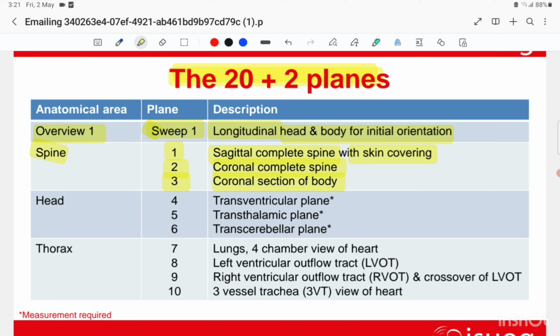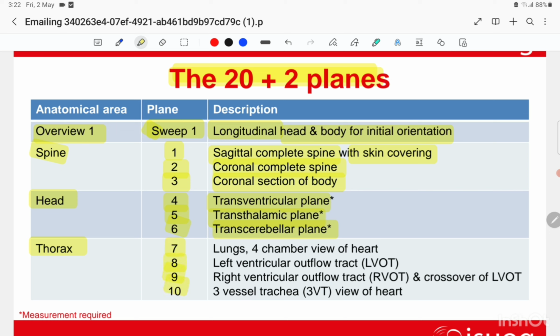Then the second anatomical area is your head. In the head there are again 3 planes, plane 4, plane 5 and plane 6. Plane 4 is called the transventricular plane, plane 5 is the transthalamic plane, and plane 6 is the transcerebellar plane. The third anatomical area is your thorax, and in the thorax there will be 4 planes, 7, 8, 9 and 10.